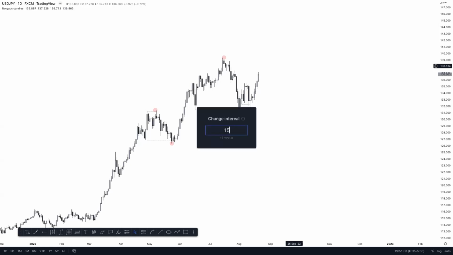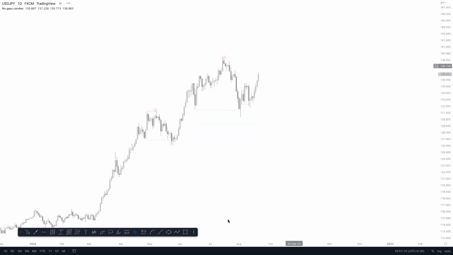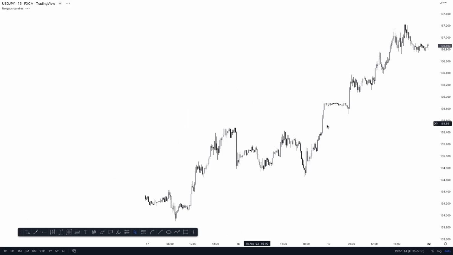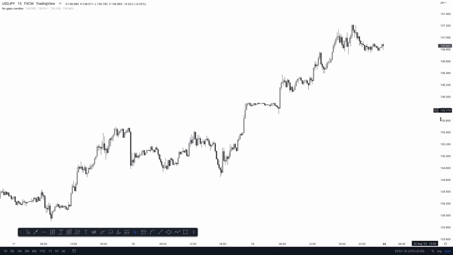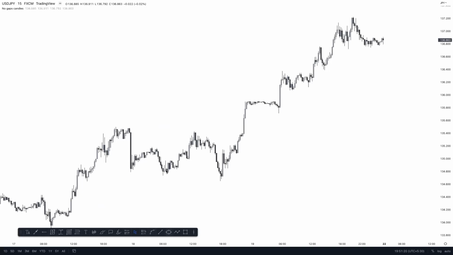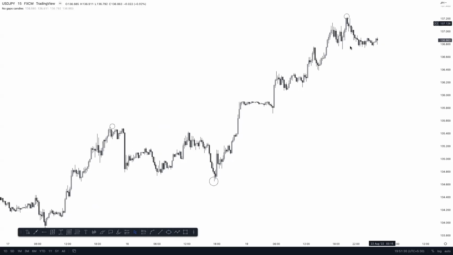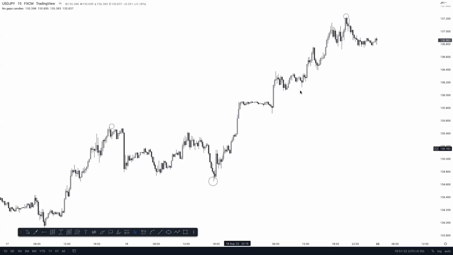Now let's see in the 15-minute. The 15-minute structure is extremely bullish. If I mark the structure, this is my structure, something like this, and this one. Still this one, but this one is not confirmed. Maybe market may push, and this is a single leg for me.